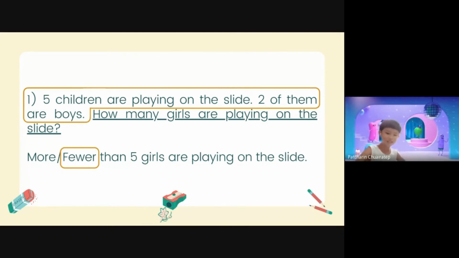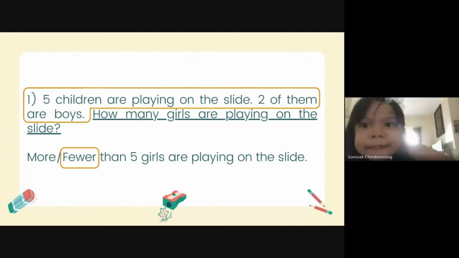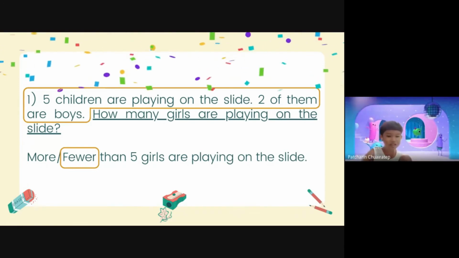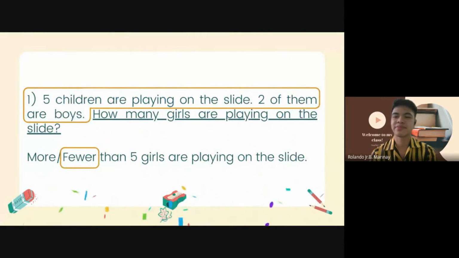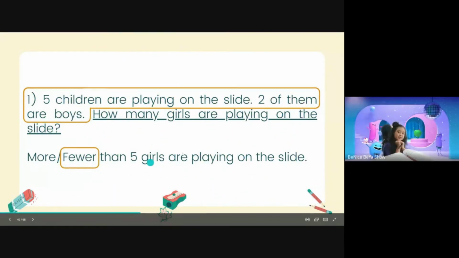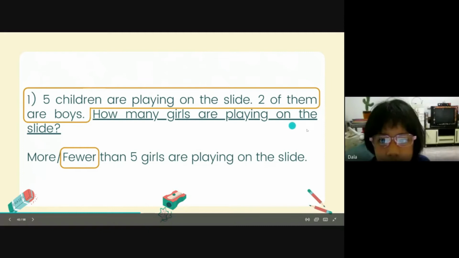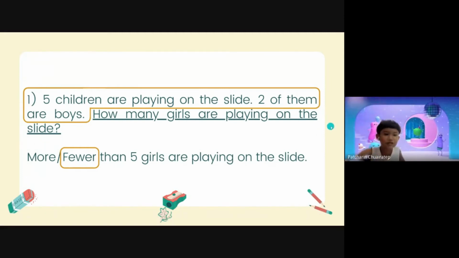Finish. Very good job. Is everybody finished? Wow, good job.